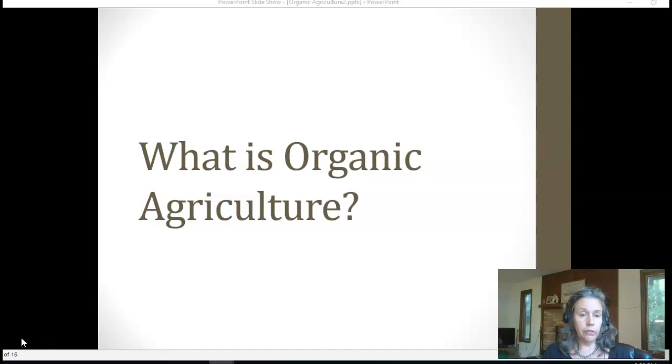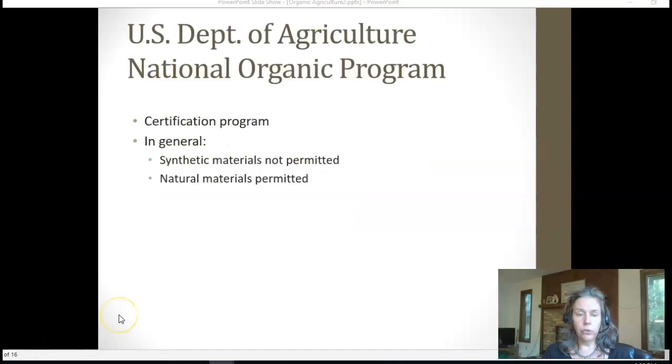It actually has to do with many soil building practices that we've talked about, and with livestock it has to do with cage-free organic feed and also access to the outdoors. The National Organic Program of the USDA Department of Ag is a certification program, and as I mentioned, in general, synthetic materials are not permitted and natural materials are.